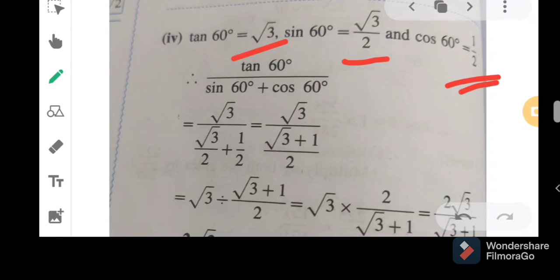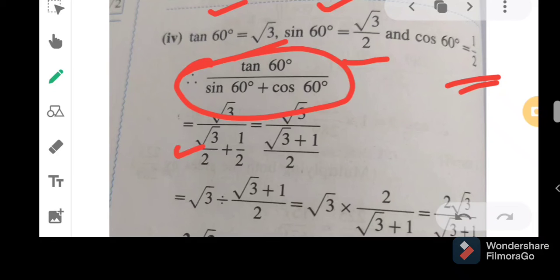So we substitute all these three values, tan 60, sin 60 and cos 60, in this expression. Tan 60 means root 3 divided by sin 60 means root 3 by 2 and cos 60 is 1 by 2.